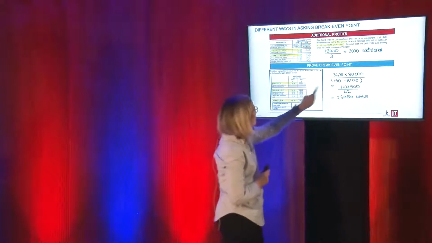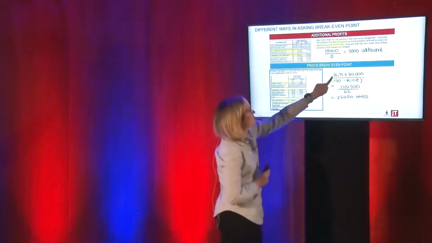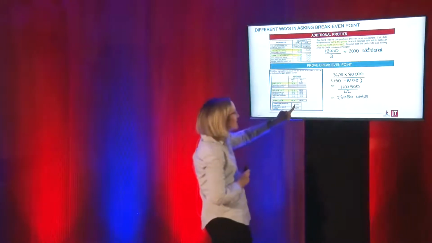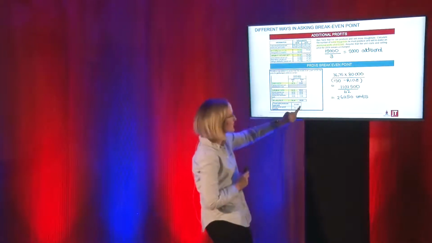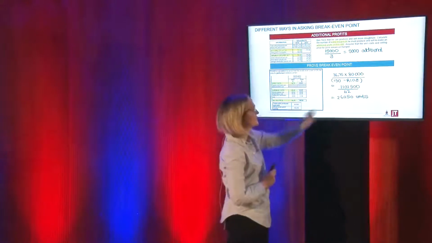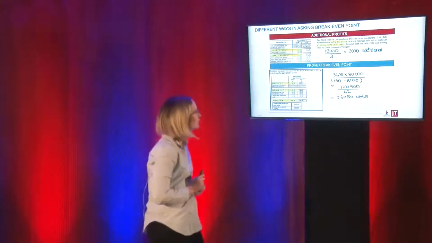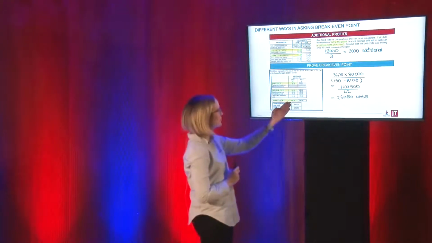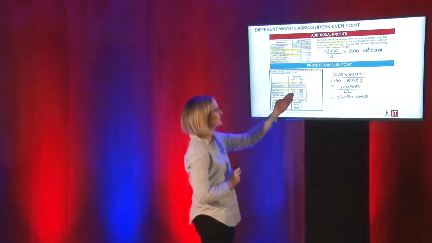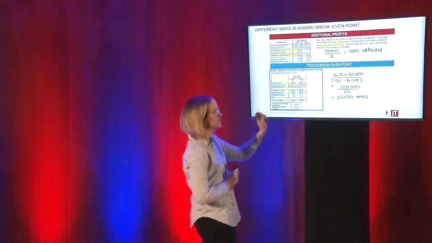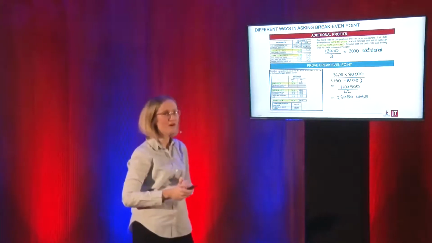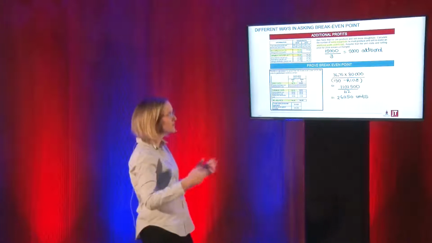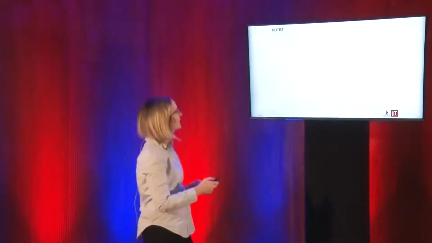They've given you the fixed cost per unit, so I need to times it by the number of units first. And then I can divide it by the contribution per unit, which is my selling price minus the variable cost per unit. So these are the two different ways in which they can ask it. Make sure that you familiarize yourself with that.